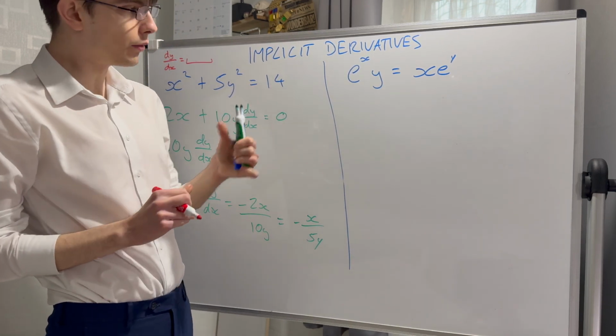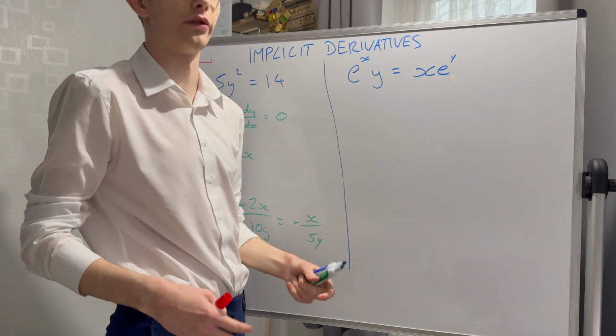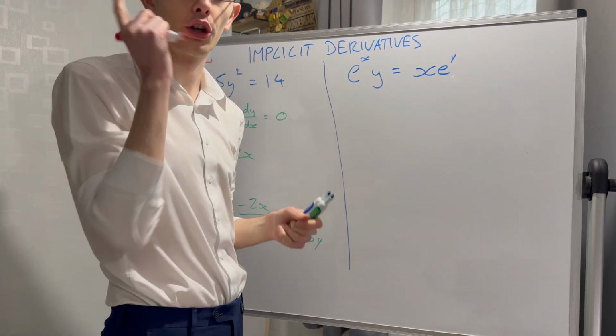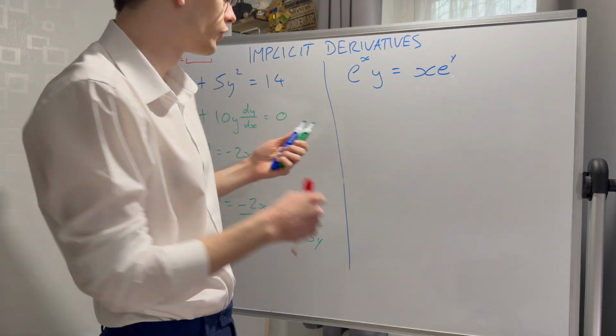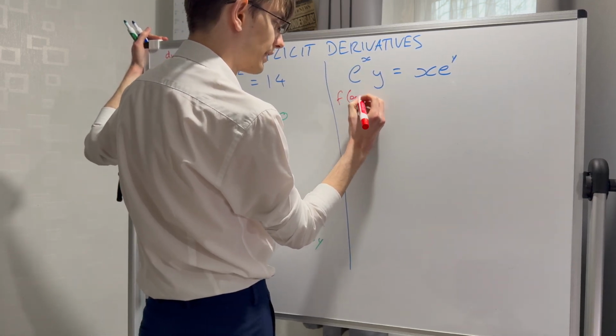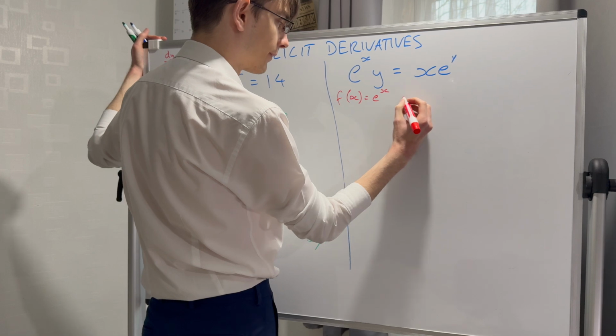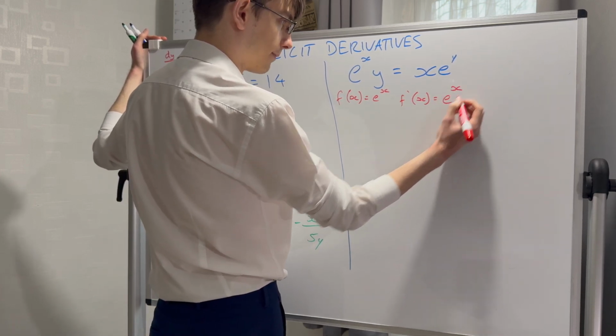Right, now this ugly looking thing. Well, on both sides, I've got a function multiplied by another function. So I'm going to use the product rule twice. Not going to write it down this time. Hopefully it's starting to become ingrained. So, e to the xy. Let's just do the left-hand side first. So let's say that f of x is e to the x, so f prime of x is e to the x.